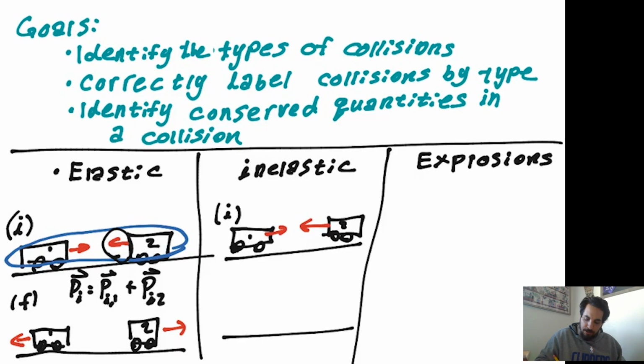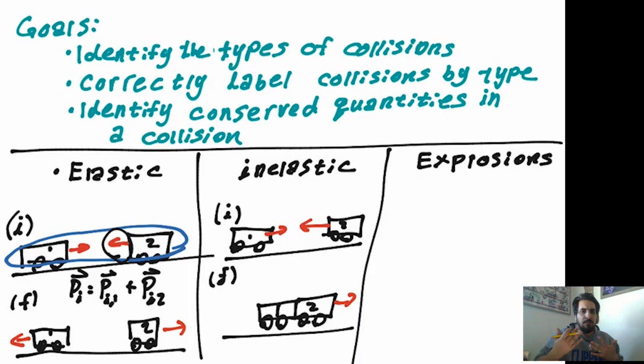After the collision, our two carts are going to be stuck together, and they're going to be moving maybe in one direction or to the left, or maybe they're not moving at all. So our two carts stick together after the collision. That is an inelastic collision. You can relate this to your usual definition of elastic, right? Elastic, think bounce. They bounce off. Inelastic, they stick together.